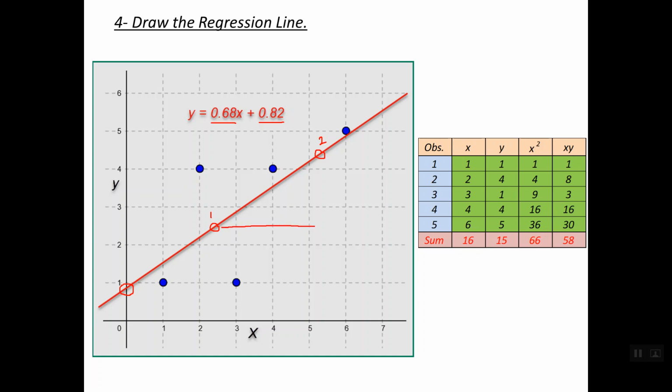If you know the variation of y, called delta y, and the variation in the values of x, which is delta x, then if you divide delta y by delta x, you will get the value of the slope. It is simply 0.68.